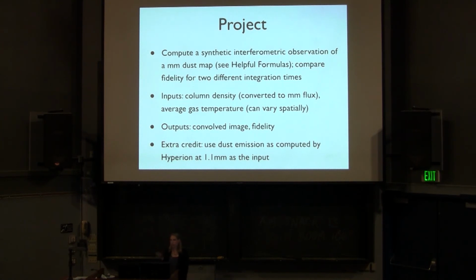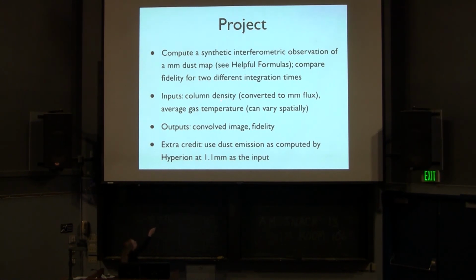It's easier if it's a 2D map. You can also do position velocity, but this is the easiest thing. Once you have the 2D map, ideally convert it to Janskys per pixel and feed it through CASA. But you could also just pick whatever brightness you like and see what happens. And then compare this for two different observation configurations, maybe ALMA cycle 0 and ALMA cycle 1.